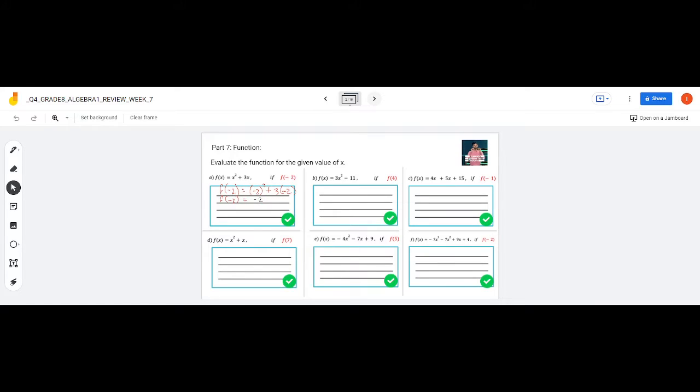And now you do the same for b. So wherever there's an x, we're going to put a 4. So f of 4 equals 3, open the bracket, 4 square minus 11, so f of 4 is equal to 37.